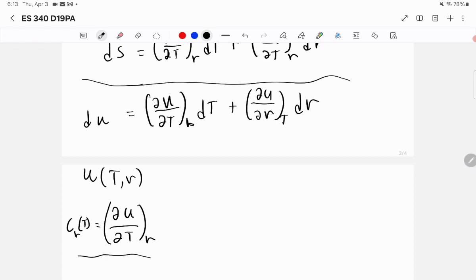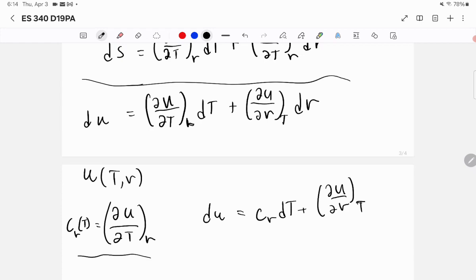So this actually maps directly back to our equations that we had before, and hopefully now you can start to make sense of what's going on here.